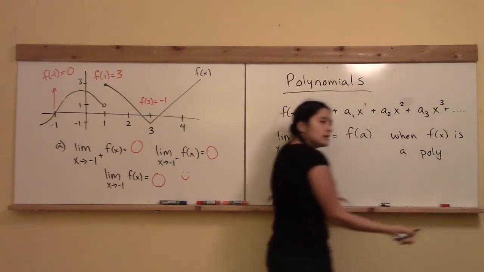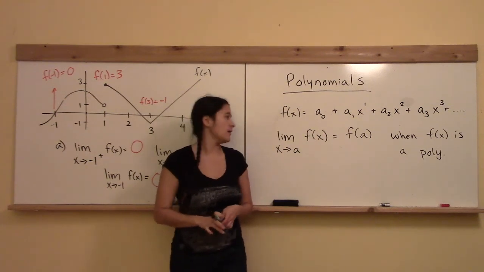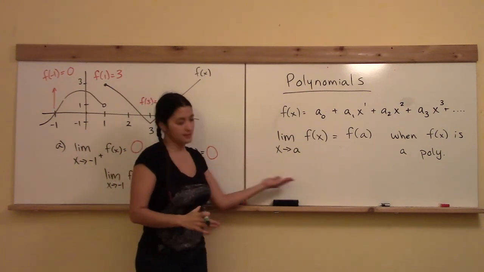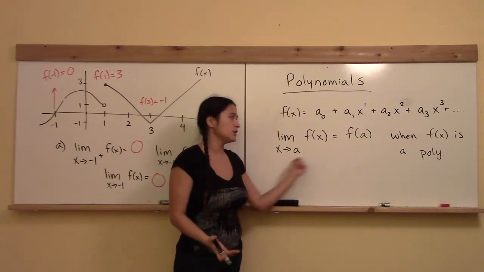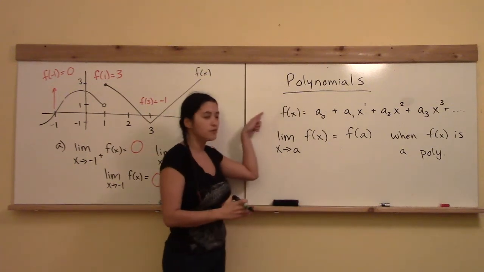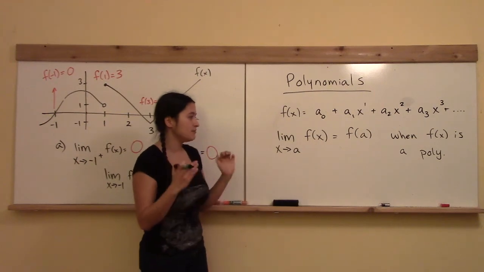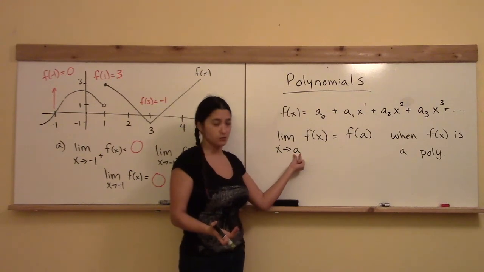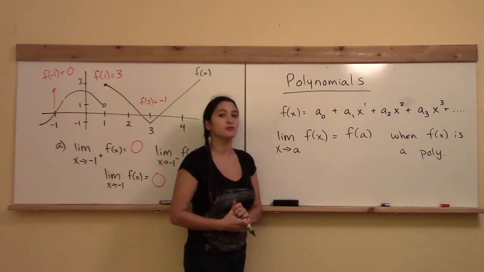This is the beginnings of what they call the algebraic or analytical method of evaluating limits, which is to say that if I give you a polynomial function and then I ask you for the overall limit or even the one-sided limits, the answer is plug and chug, okay? So that's why you want to get good at recognizing the form of a polynomial. Go back to the pre-calculus lecture if you need a little refresher on that. And if you're ever asked for the limit of a polynomial, you just take the value of a, the input value that x is approaching, and you just toss it right in the function, and out comes the function value. That's the answer for the limit.